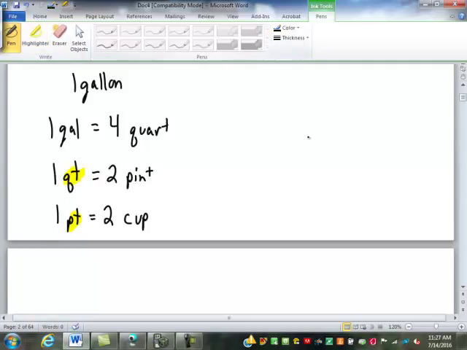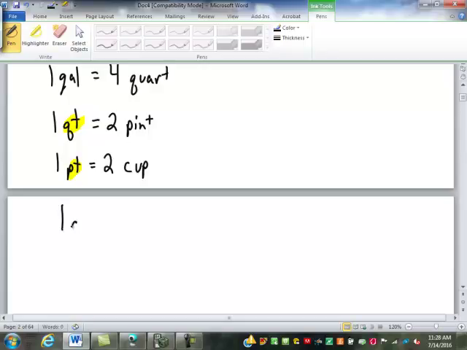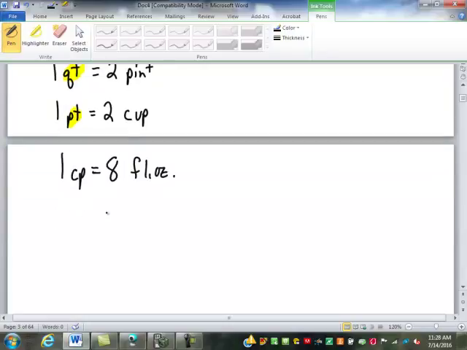Smaller than a cup, somebody already said this one. Fluid ounce. How many fluid ounces are in a cup? 8. There's 16 fluid ounces in a pint, 8 in a cup. Now here's the one some people are familiar with, but you never know.